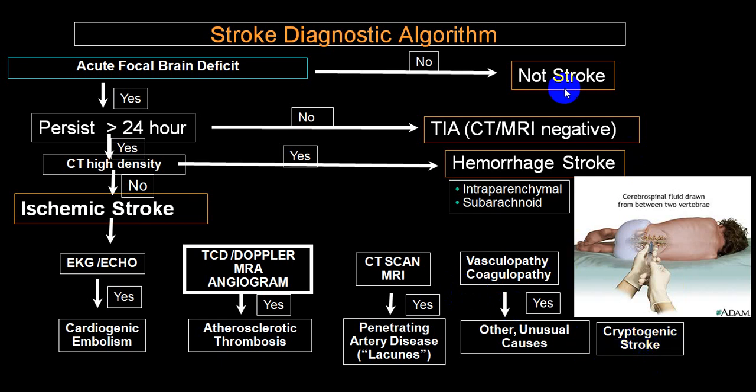This is a simple algorithm. By investigations, you can come to whether it is cardiogenic or cardioembolic, atherosclerotic and thrombosis, or we call thromboembolic, or lacunar infarcts, or it is vasculopathy or coagulopathy, that is bleeding disorders.